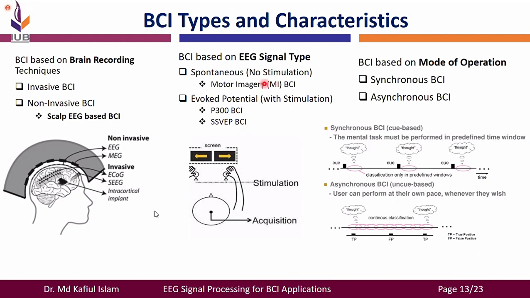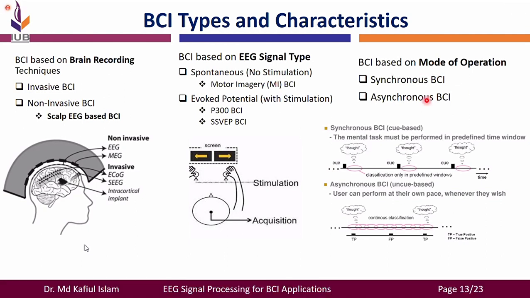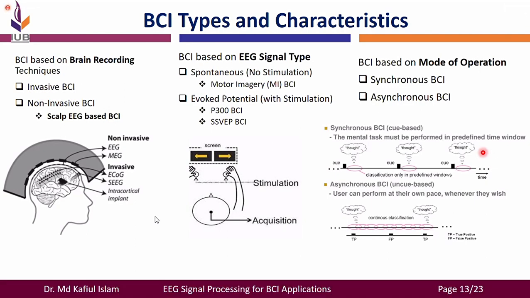If there is no stimulation, the EEG signal is spontaneous, so we can use motor imagery based BCI applications. BCI can be of two types based on the mode of operation, synchronous or asynchronous. If the user needs to perform the mental task in a particular time window with respect to a cue, it is a synchronous BCI. Otherwise, if the user is free to perform at any time, it is an asynchronous BCI.